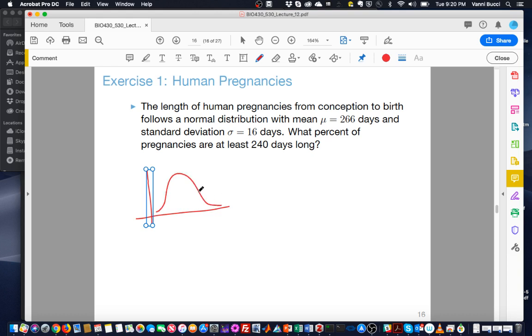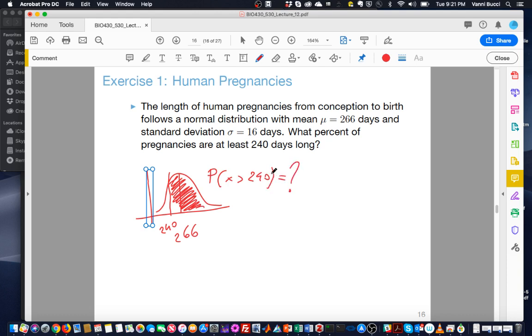This is 266, and let's assume this is 240. We want the probability that the pregnancy is at least 240 days, so we want this area, the probability that X is bigger than 240.